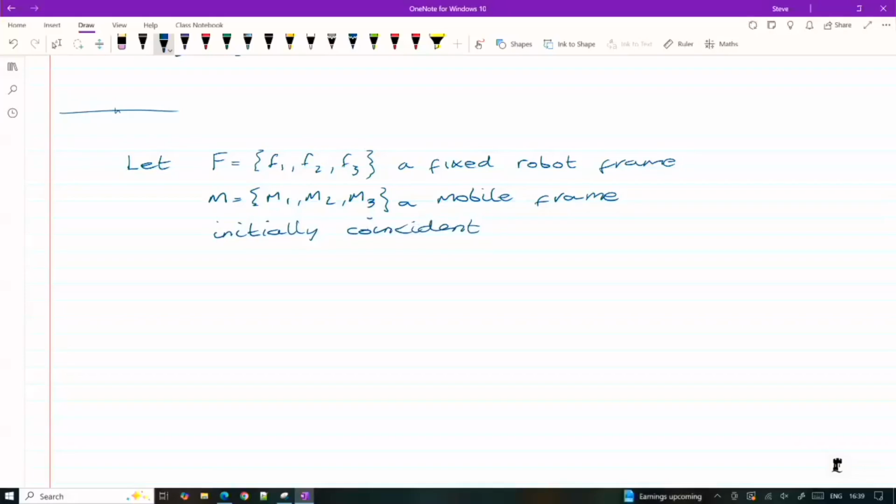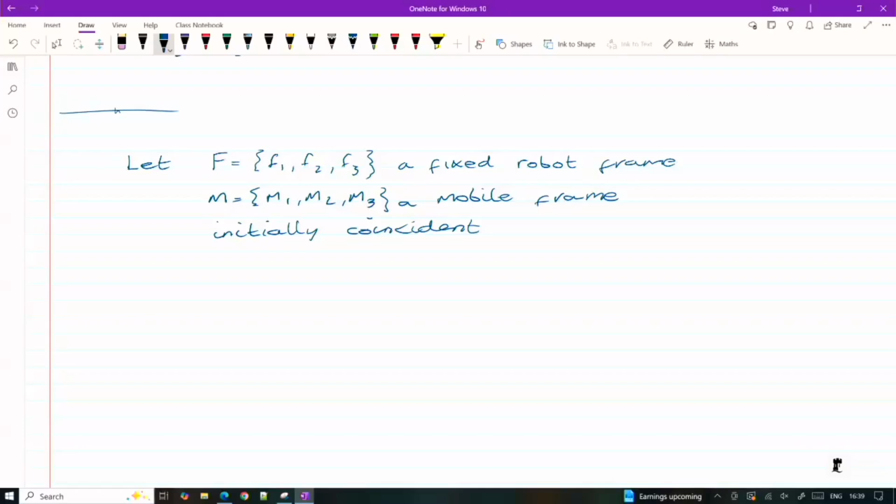And what will happen then is the question will describe a set of operations. Typically we would translate the mobile frame, so this moves, the fixed base frame doesn't, so we might say we move the mobile frame 2 units along this axis, which would be X, so we state the direction of movement.